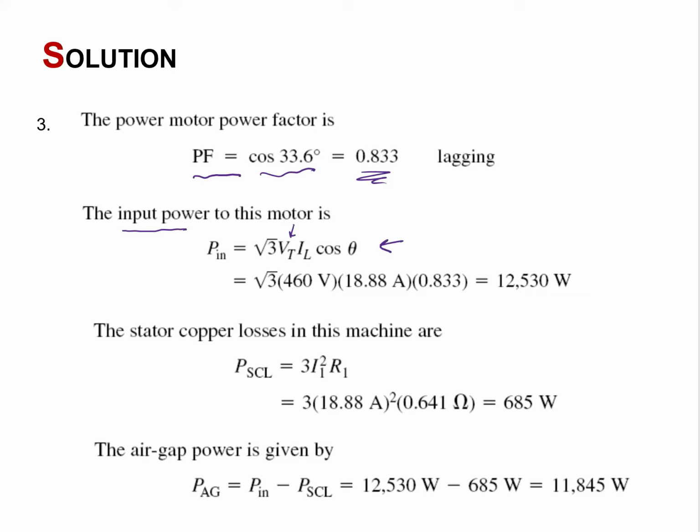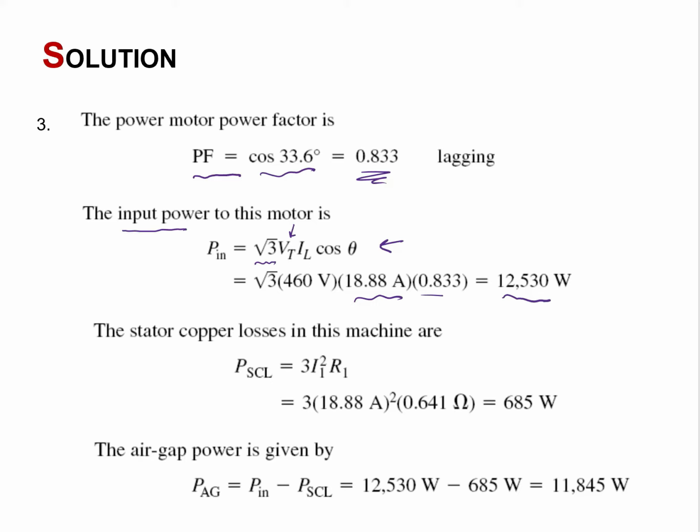So notice that this is the total voltage, and in this case we need to apply the phase, the total input power. And we have the stator voltage, which is also the line voltage, and we have the power factor. Putting these parameters in the formula, we get the input power to the motor as this value in watts.